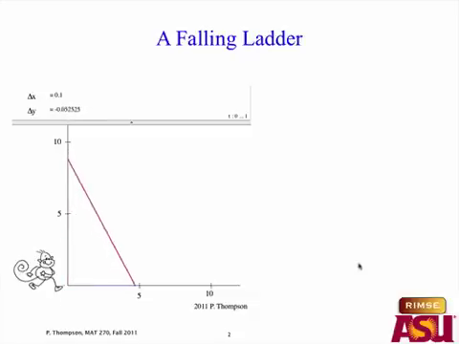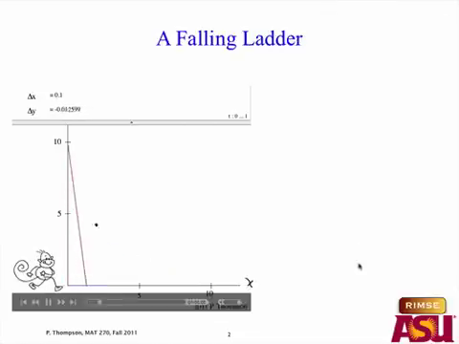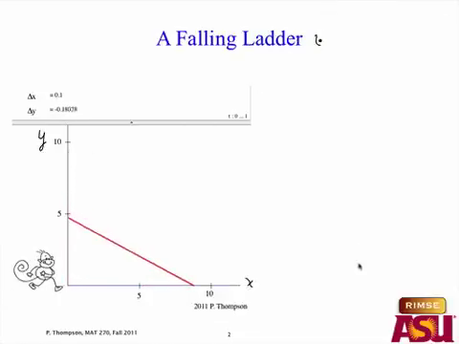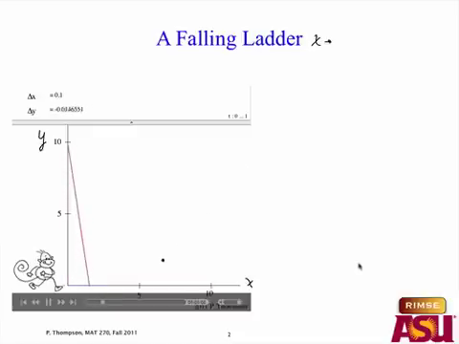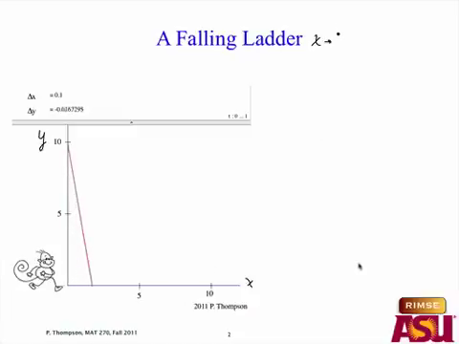So if this is still the x-axis and this is the y-axis, we want our x to be, what does the x-coordinate of this point represent in the context? So this point right here is the x-coordinate. So what? Feet from the wall, or distance from the wall.